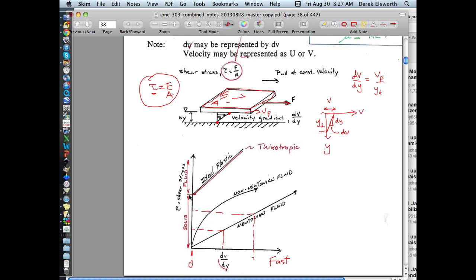Some actually have an initial threshold stress that you have to overcome to move it, sometimes called plastic fluids or Bingham fluids or thixotropic fluids. They mean that initially it's kind of like a solid. Typical fluids like that are drilling muds, for instance.